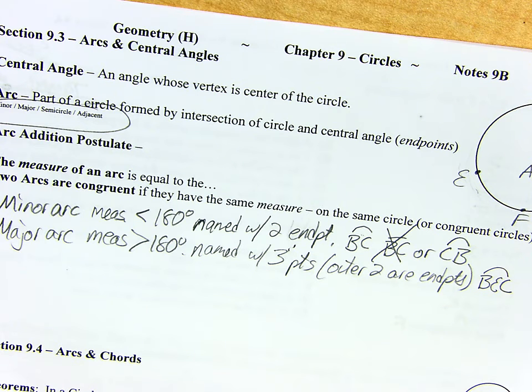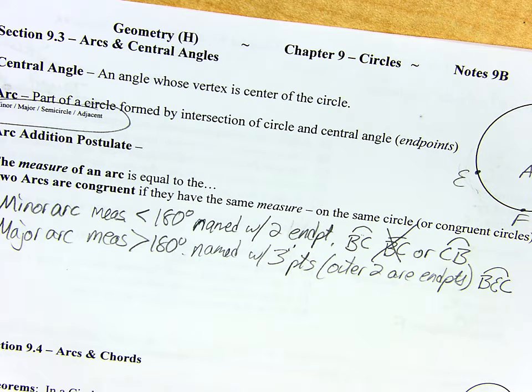What happens if you have an arc that's exactly 180? Well, we call it a semicircle. Why not a hemicircle? I don't know, because you have hemisphere, right? And it's not semisphere, it's a hemisphere.